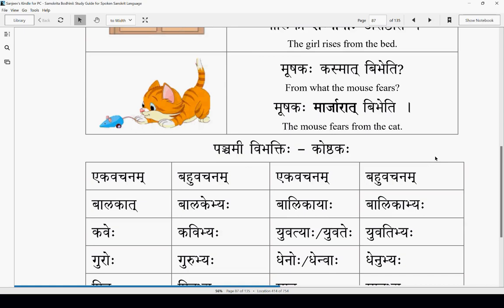The policeman is Arakshaka. Choraha Arakshakat bibheti. Yeah.